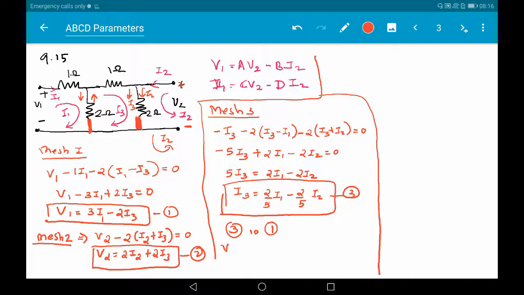Now V1 is equal to 3I1 minus 2 into 2 by 5 I1. Isn't it correct? Minus times minus becomes plus, so plus 2 into 2/5 I2, which gives 4/5 I2. Then 3I1 minus 4/5 I1, that is 11/5. So V1 is equal to 11/5 I1 plus 4/5 I2.